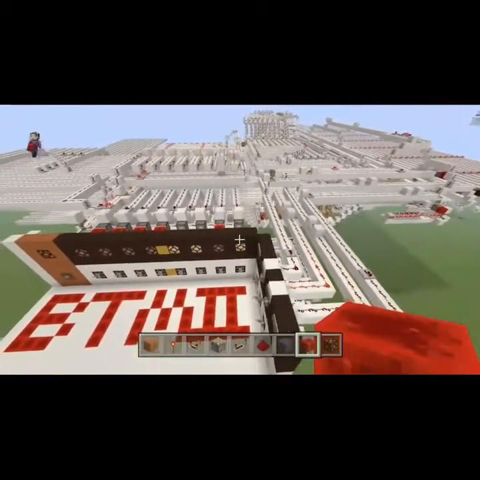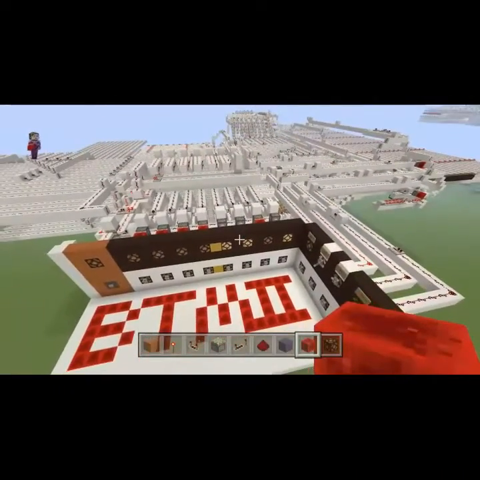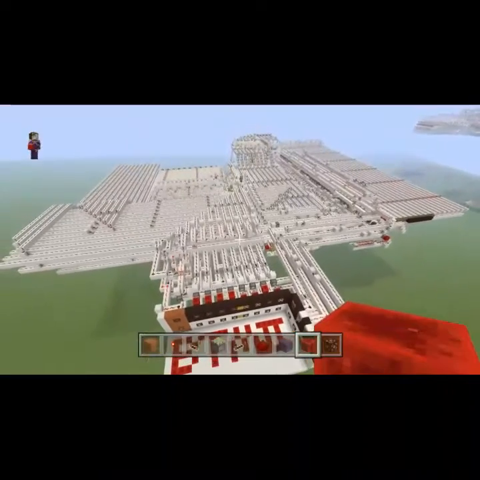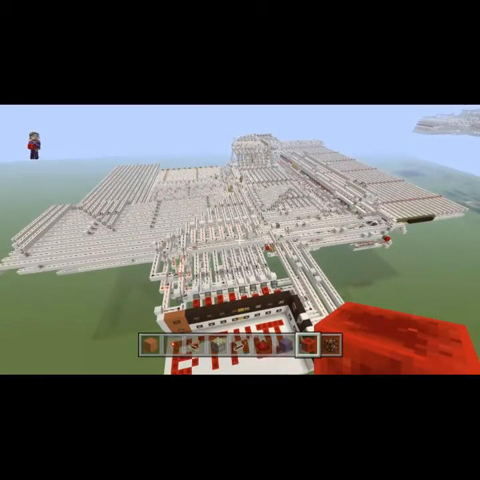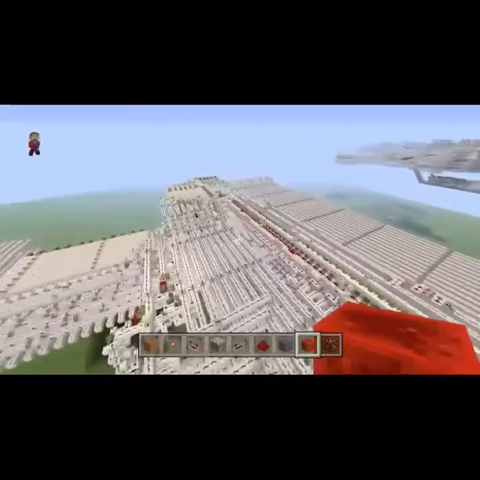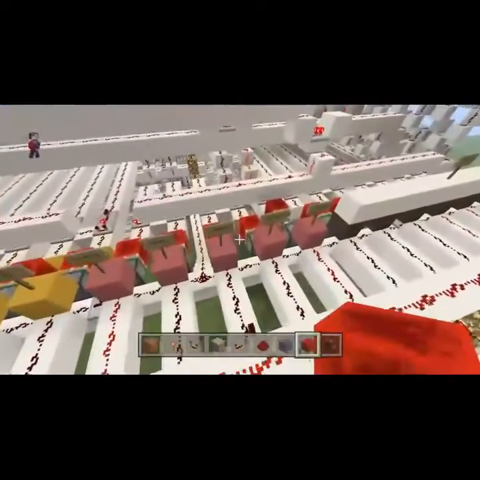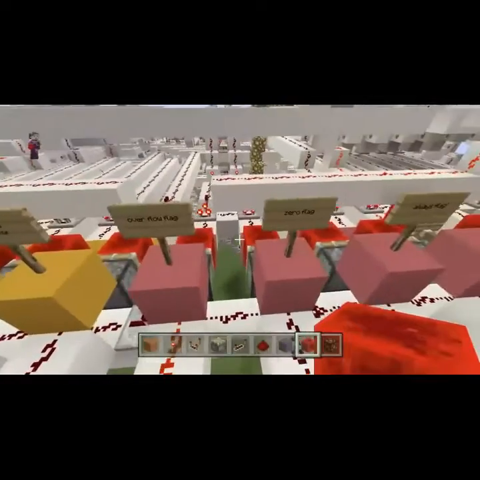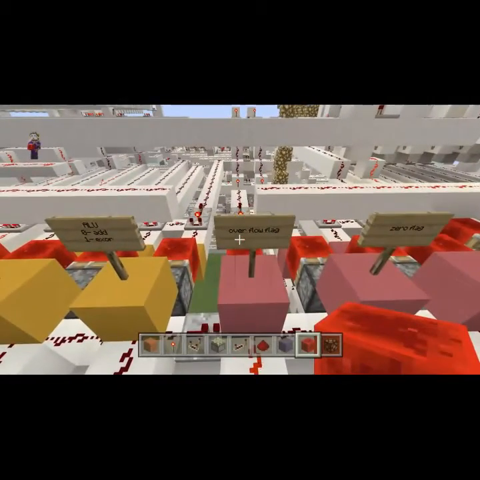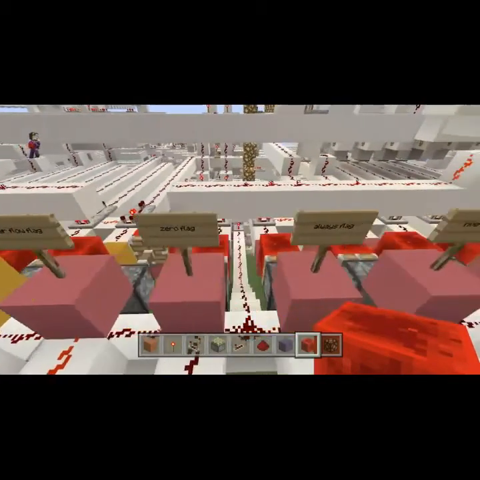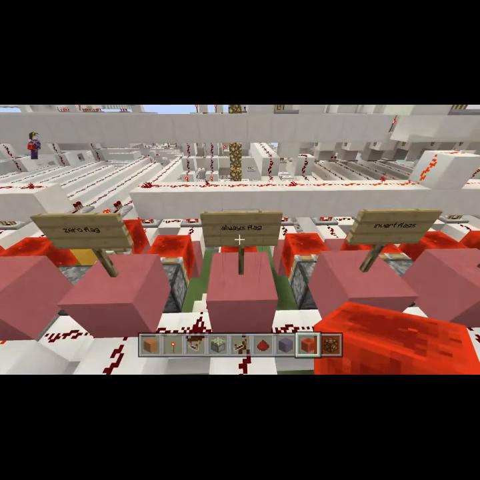Now, let's see here. What else do I need to explain? Flag system. This has 3 flags in it. Technically 2, but yeah. There's the overflow flag, the zero flag, and the always flag.